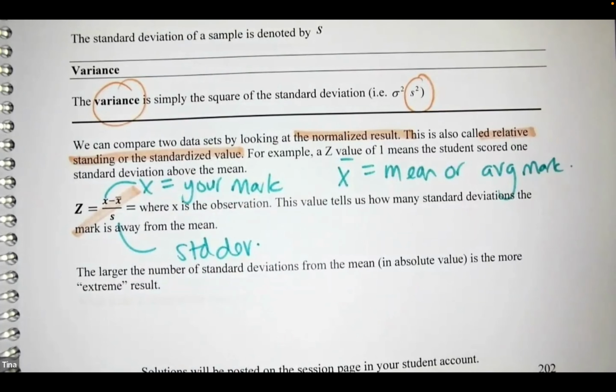So you do your mark minus the mean mark, all over the standard deviation. The larger that is, the further away you are from the mean. If it's positive, then obviously you did better than the mean. If it's a negative Z score, then your mark is worse than the mean.